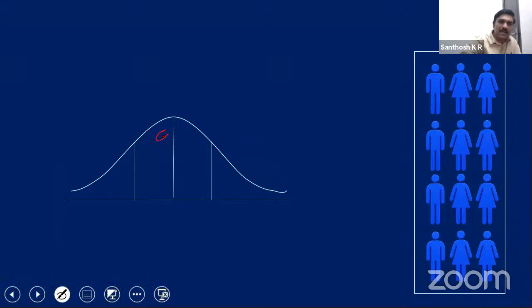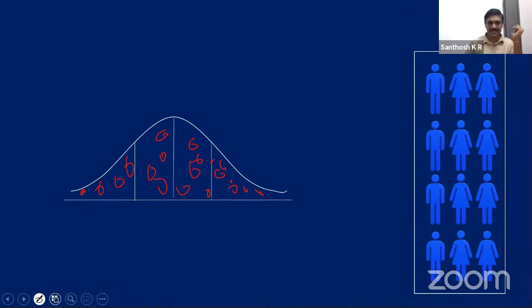Many people from here might have become part of the sample, and at least one or two people from this side also may become part of the sample. Then only we can call it representative. Imagine that out of 4 lakh people, I am taking only 1,000. If I collect the IQ scores randomly, it will be spread like this, is what we assume. This is our imagination.